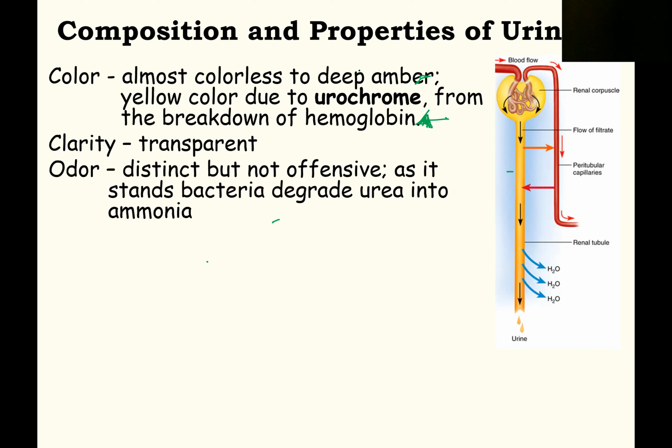Some types of coffee can cause a distinct odor. There is a metabolic disorder where the body cannot handle a certain amino acid, called phenylketonuria, and that causes a mousy odor to the urine.